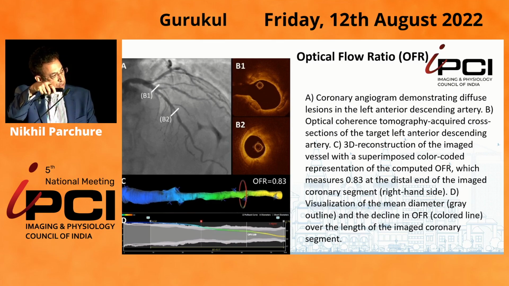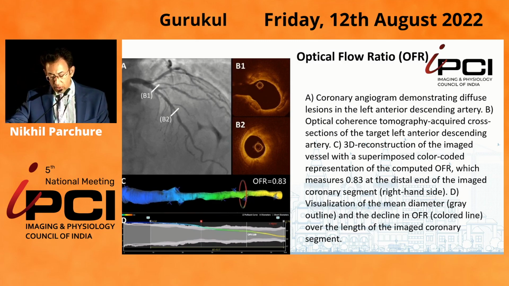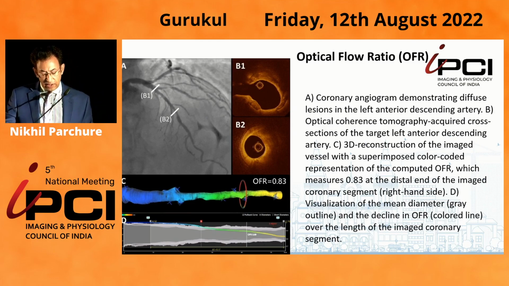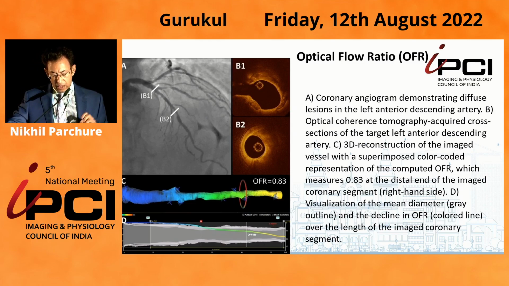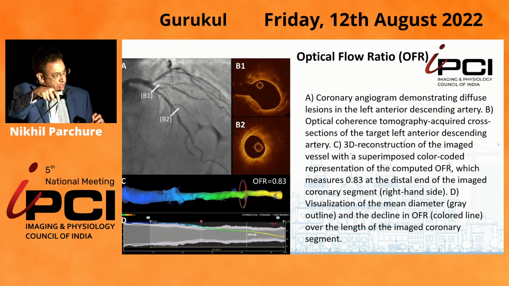Again, the same, you can see where exactly the problems are, or it will give you the overall OFR of 0.83 at the distal end of the imaged coronary segment. Visualization of the mean diameter and the decline in OFR, the colored line here, you can see where exactly the OFR is going down over the length of the imaged coronary segment. Wonderful. It's all automated for you.